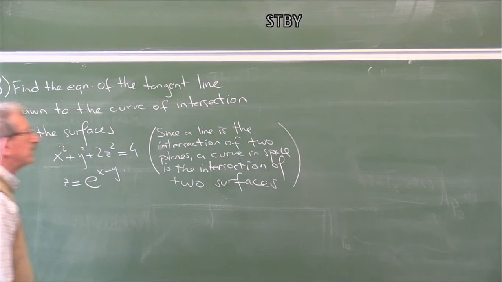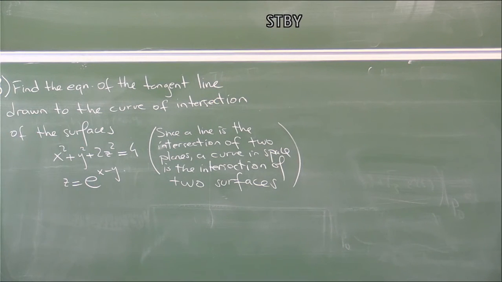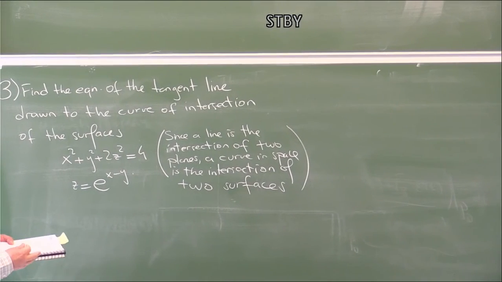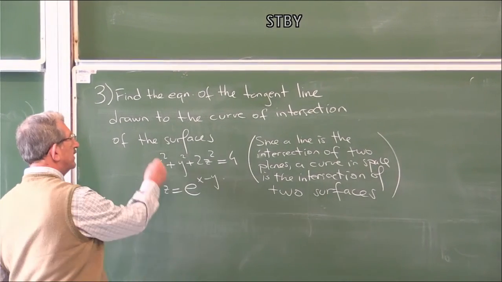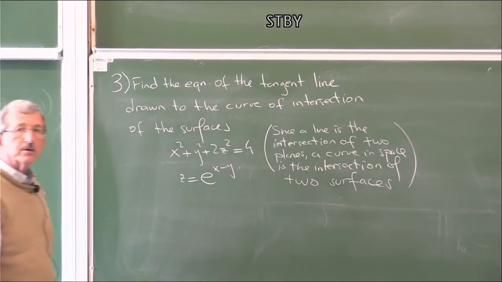So a line is a special curve in space, and so a curve in space is the intersection of two surfaces, which is exactly the situation here.